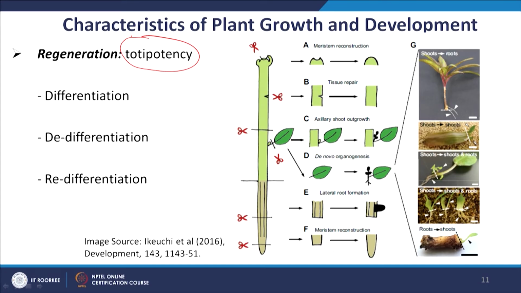And imagine why this is so important. Again, plants are sessile, they cannot move. So they have to have a robust mechanism so that under adverse conditions, even if they lose everything, if they retain some living cells, those should revert back and propagate the plant again.